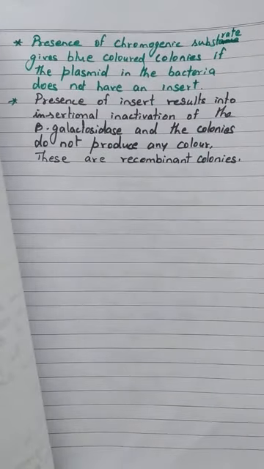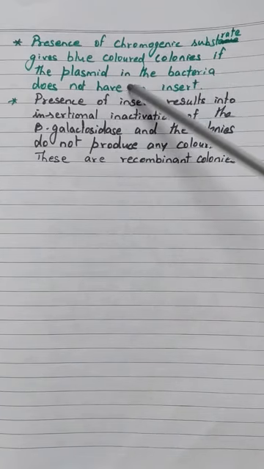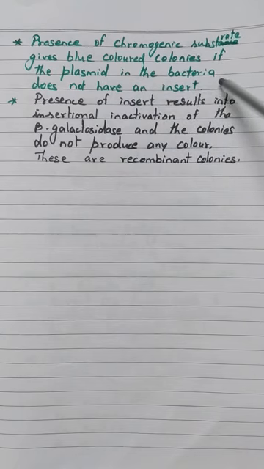And then the presence of chromogenic substrate gives blue colored colonies if the plasmid in the bacteria does not have an insert. If the bacteria does not have an insert, that is, it does not have the rDNA, then it will produce blue color.